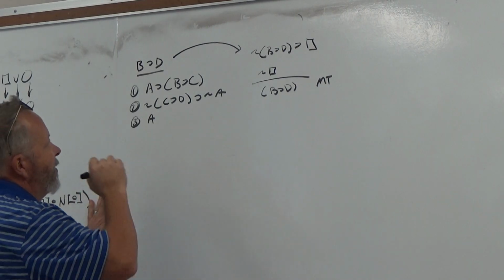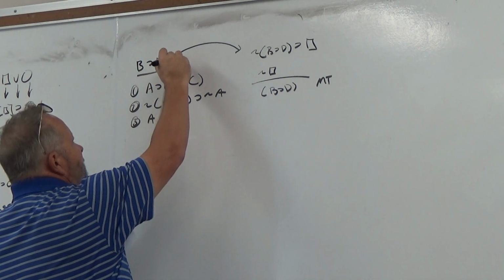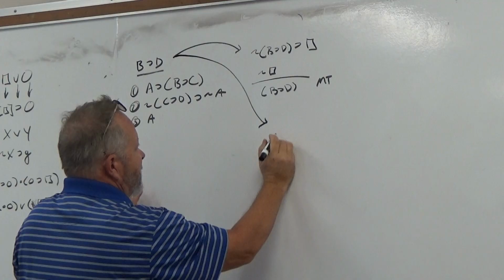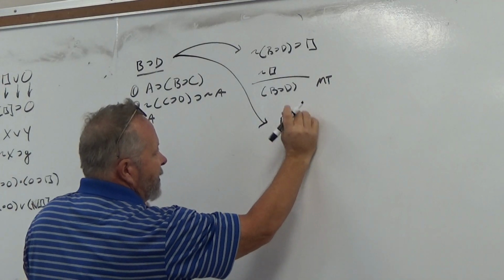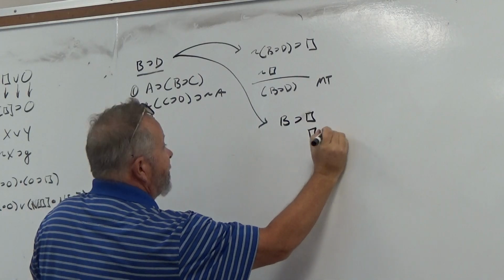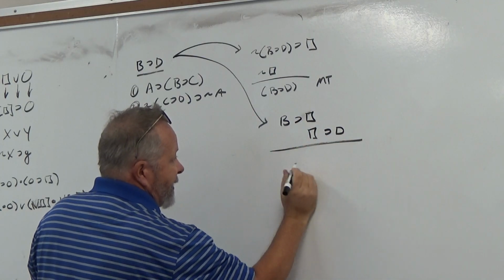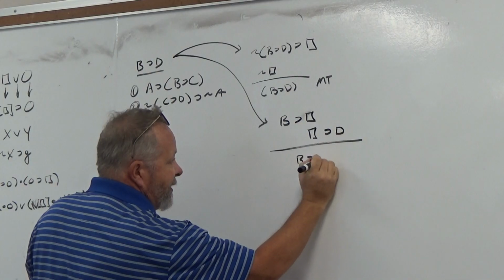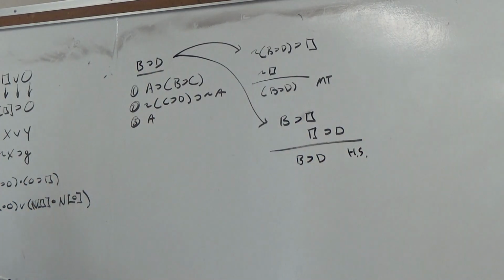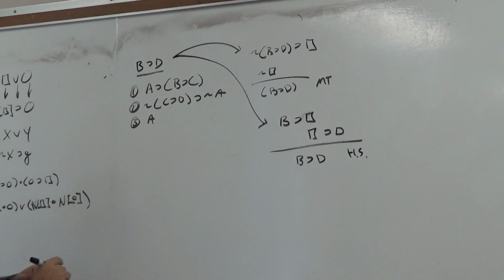So now I'm thinking, well, wait a minute. Another option is this. I can build this if I could find B then blank, and a blank then D, because I could put those together to get B then D by hypothetical syllogism, okay? So let me see if I have those parts, a B then a blank.